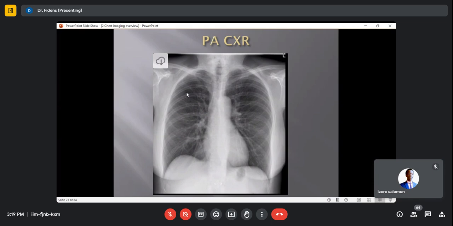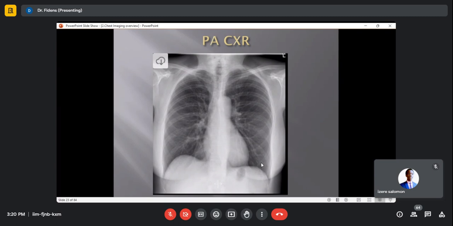If there is any lung collapse somewhere, it will pull on the hilum, and the hilum will be at the same position as the other one. Even the diaphragm will be pulled up, or if it is in the left lung, the diaphragm will be pulled up and be at the same position as the right one. And if there is any mass in the abdomen pushing the diaphragm, the left will be at the same level.